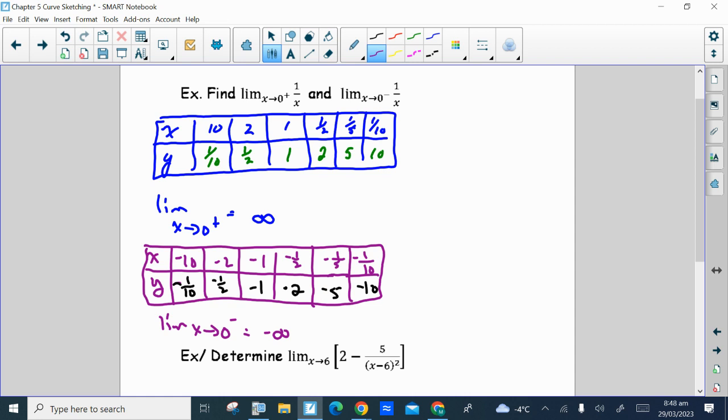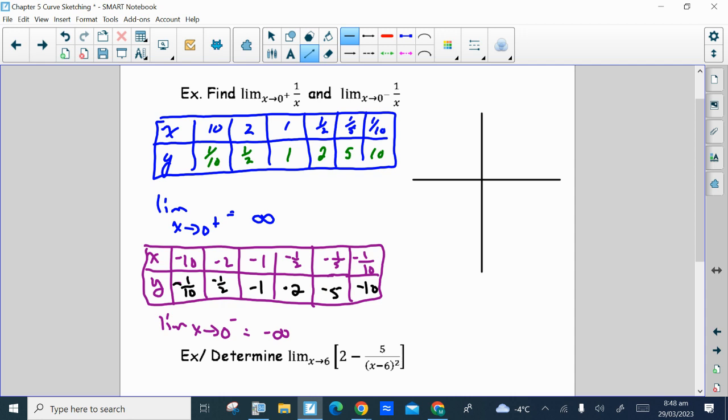So what this allows us to do, right, we know that the graph has a non-permissive value of 0, which means in this case that the y-axis will be a vertical asymptote, because that is the line x equals 0 and x can't equal 0. It's non-permissive. But what it shows us is what's happening to the graph as it approaches that asymptote on either side.